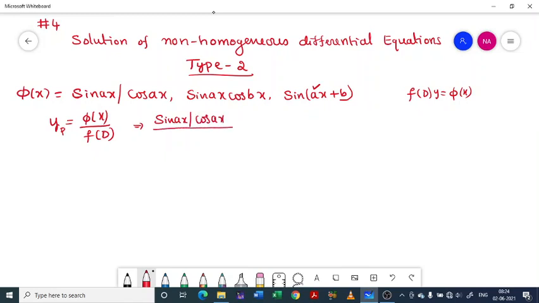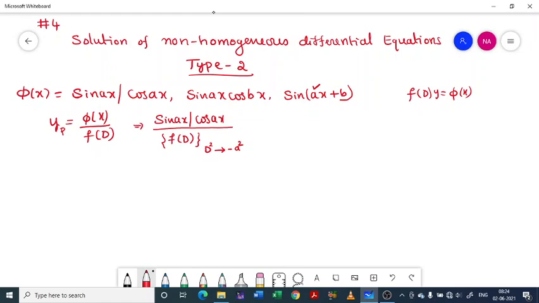So here the denominator, that will be a polynomial in D. What you have to do is, you have to replace D square by minus a square, where D square must be replaced by minus a square. So keep this in mind. We are not going to replace D, but we are going to replace D square.